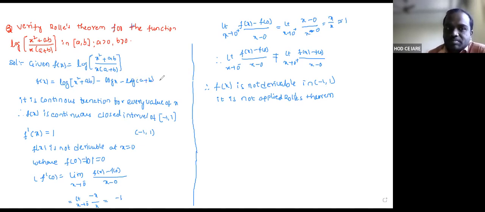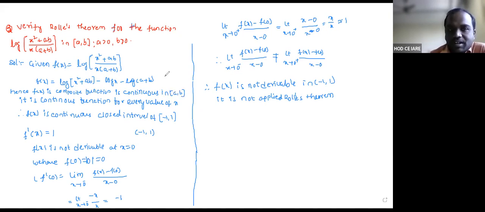So this is a composite function, and composite functions are also continuous. Hence f of x, a composite function, is continuous in the closed interval of a comma b.